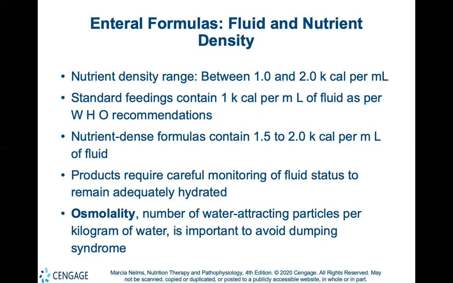Standard feedings contain 1 kilocalorie per milliliter, which is consistent with the WHO recommendations for fluid intake, whereas nutrient dense formulas are manufactured with less water, so they contain 1.5 to 2.0 kilocalories per milliliter of fluid.